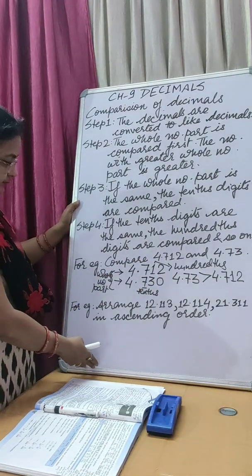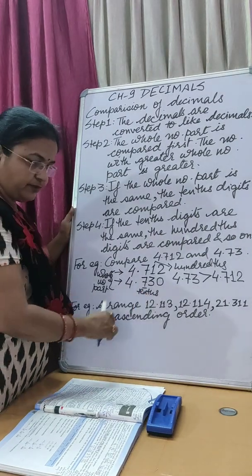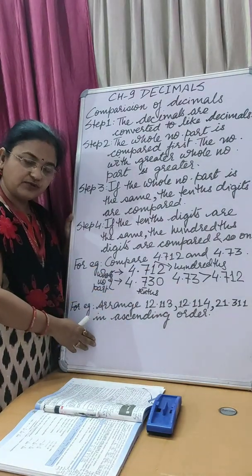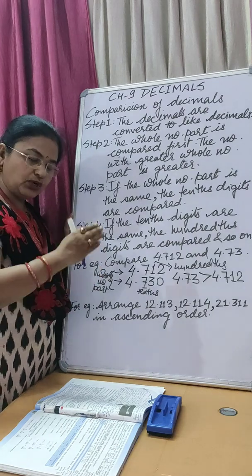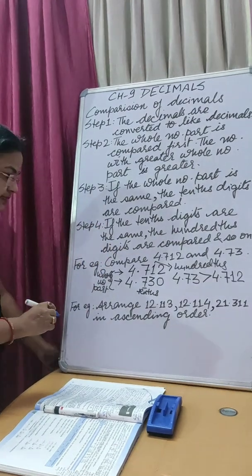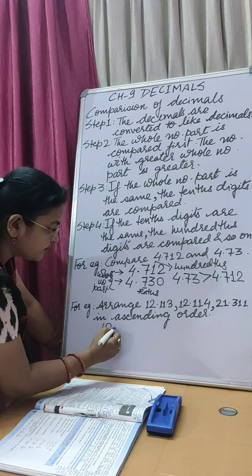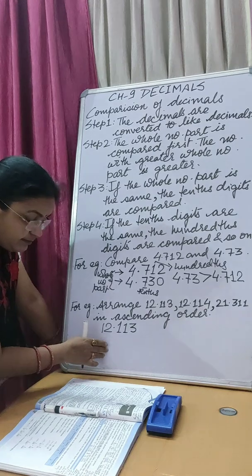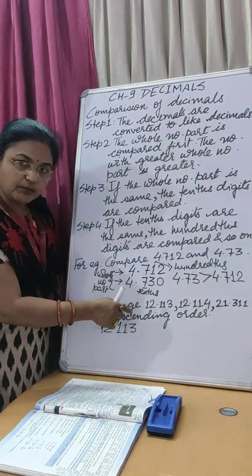Now come to another example. Arrange 12.113, 12.114 and 21.311 in ascending order. We know ascending order is smaller to greater. Now let us write all these three numbers in a column, one after another, and make sure you follow the decimal point.